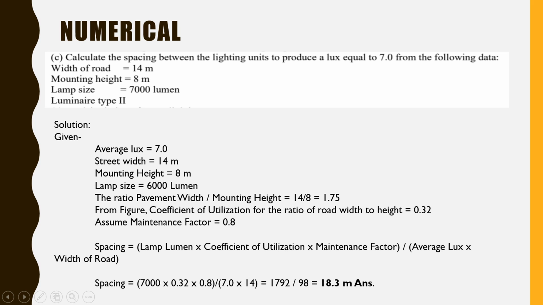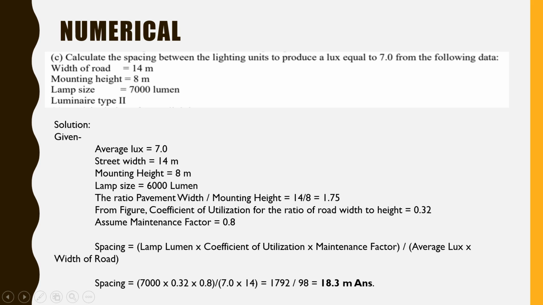Width of road is 14 meters, mounting height 8 meters, lamp size 7000 lumen, and it is luminaire type 2 distribution. In previous slides we have seen the types of distributions. Type 2 distribution is for narrow roads, and for staggered lights.